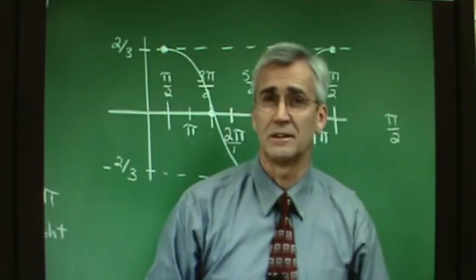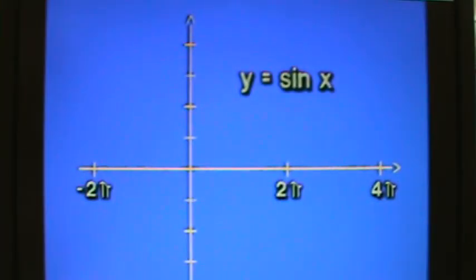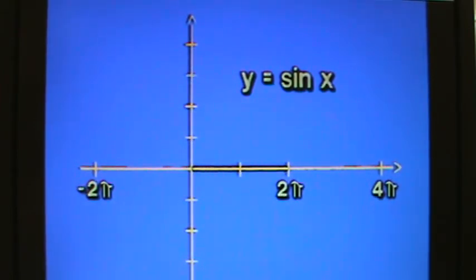Let's review a bit. Let's talk about the various aspects of graphing sine and cosine functions. We remember that sine and cosine functions have a period of 2 pi, and we start out by simply identifying that period. Then we end up subdividing the period into 4 parts. We divide the 2 pi distance into half, and then the halves into halves.